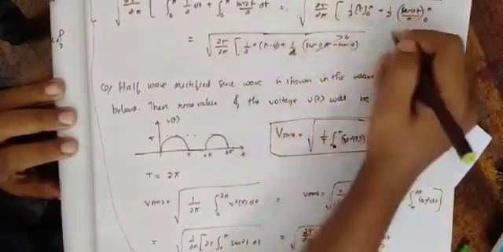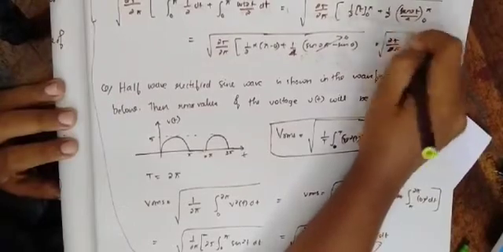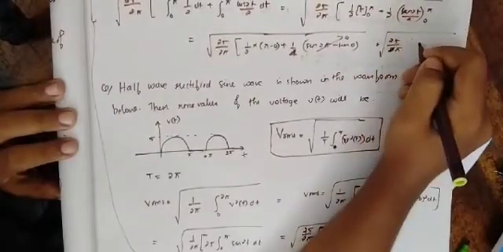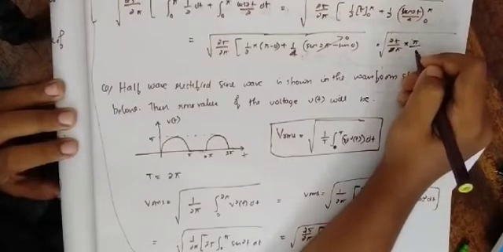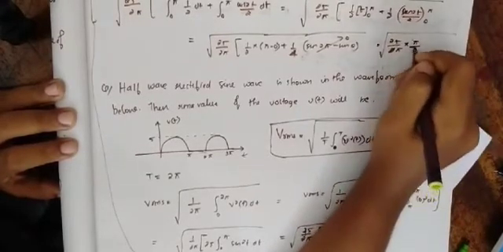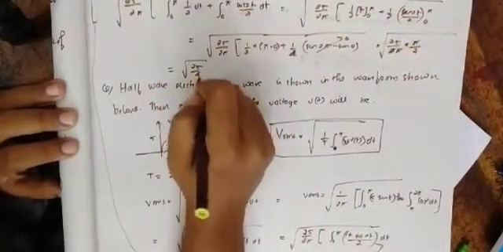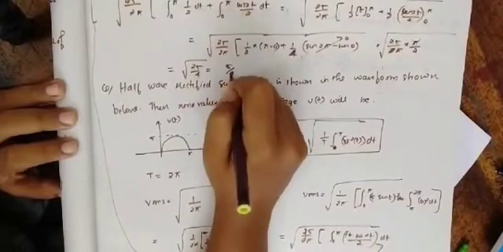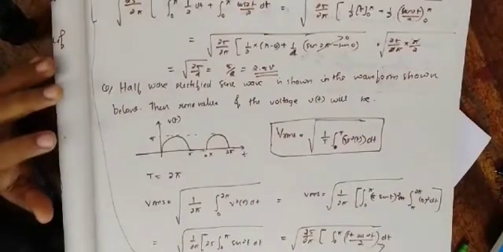So completely this will be gone, and the rest of them will be 25 divided by 2 pi into pi divided by 2, okay? So it will be equal to root 25 divided by 4, or 5 divided by 2, or 2.5 volt. So this is the Vrms value, okay? 2.5 volt.